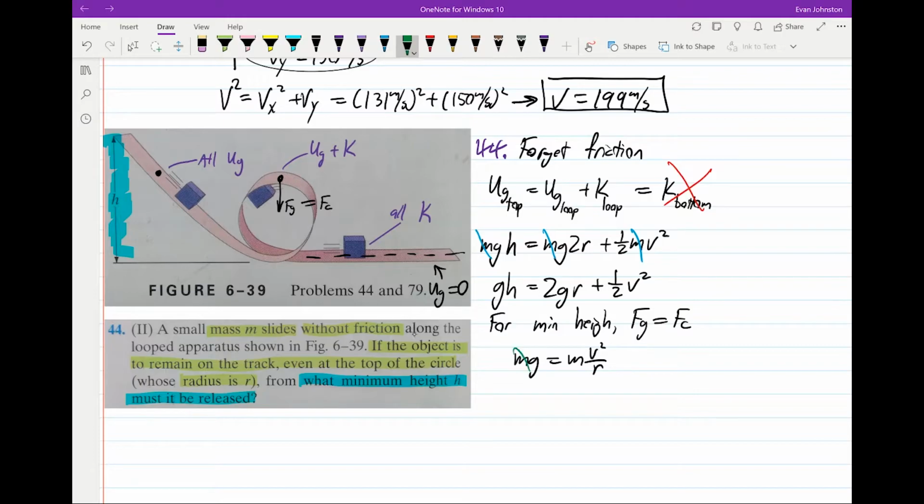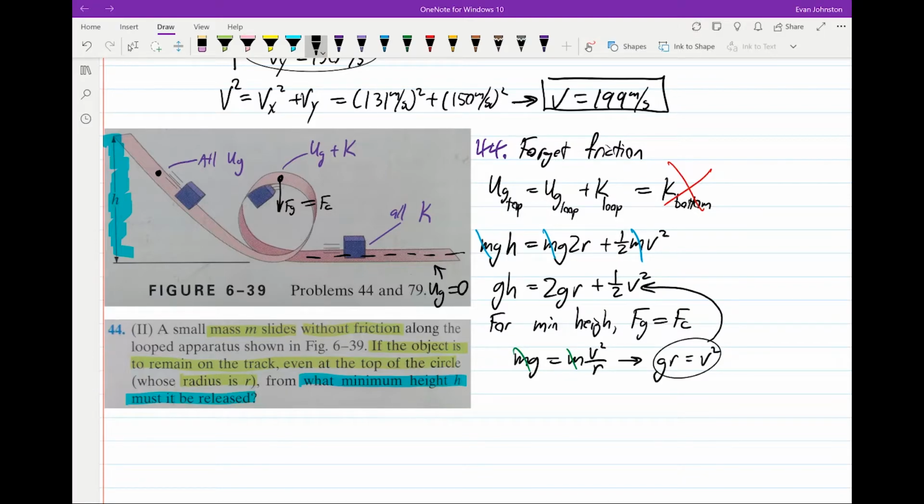Again, the masses will cancel, and I can rewrite this as g times r equals v squared, or if I just want to find speed, I would square root both sides. So what was the point of this? Well, the point is that I do want to leave it as v squared, and you'll see why in a moment, is that I can now take this and plug it in right there.